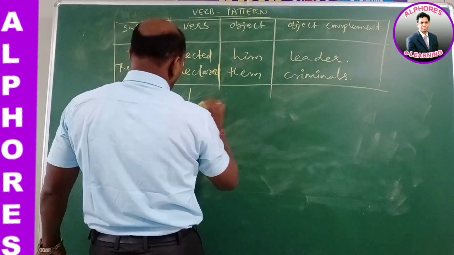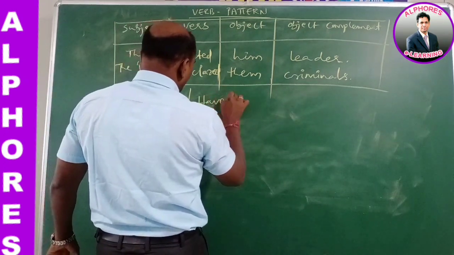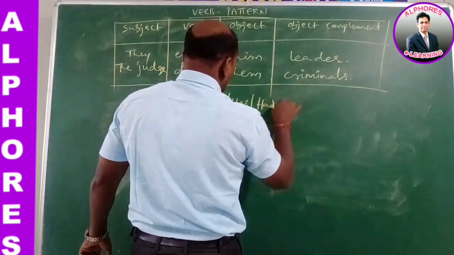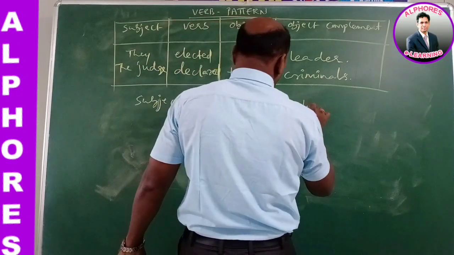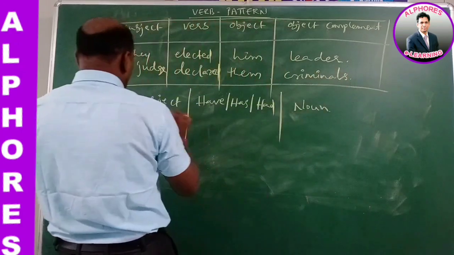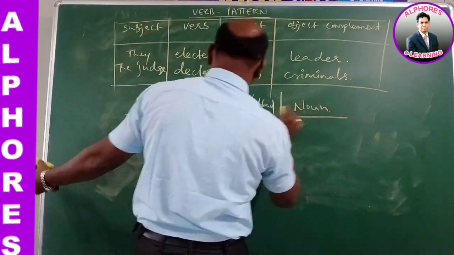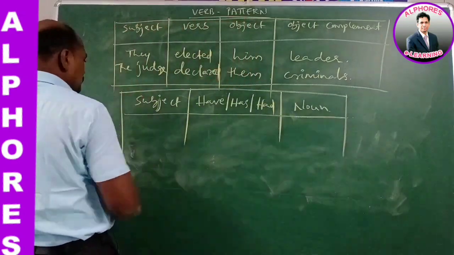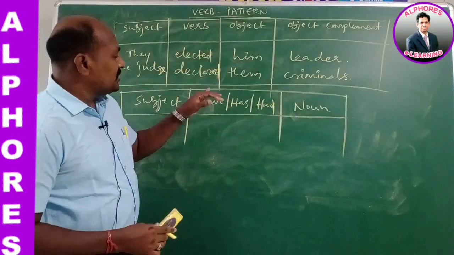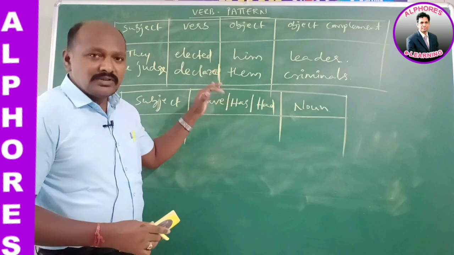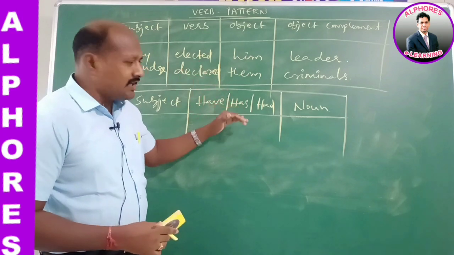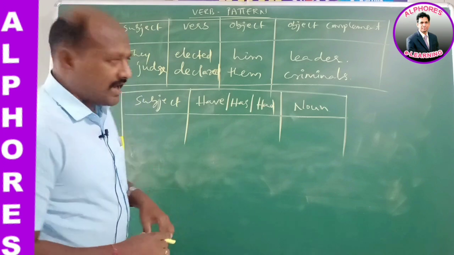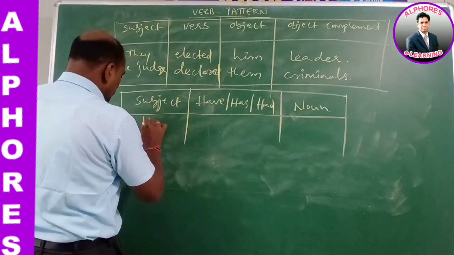Subject, have, has, had. Whenever a possessive verb comes, there must be a noun. Possessive verbs declare the possessiveness of the subject, having possession of the subject.